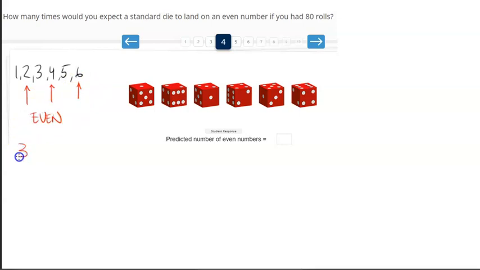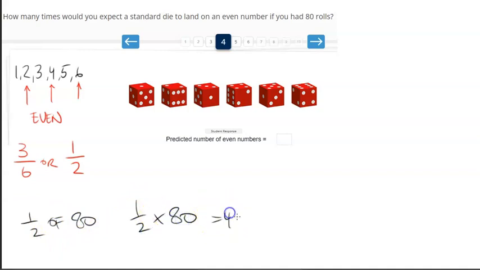So there is a 3 in 6 chance, or a half chance, of rolling an even number. So we're expecting half of the amounts of 80 rolls to be an even number. So we're finding half of 80, or half times 80, which is equal to 40.